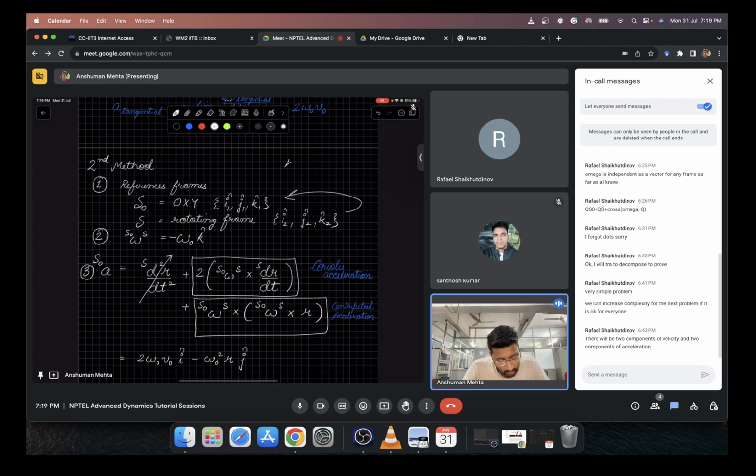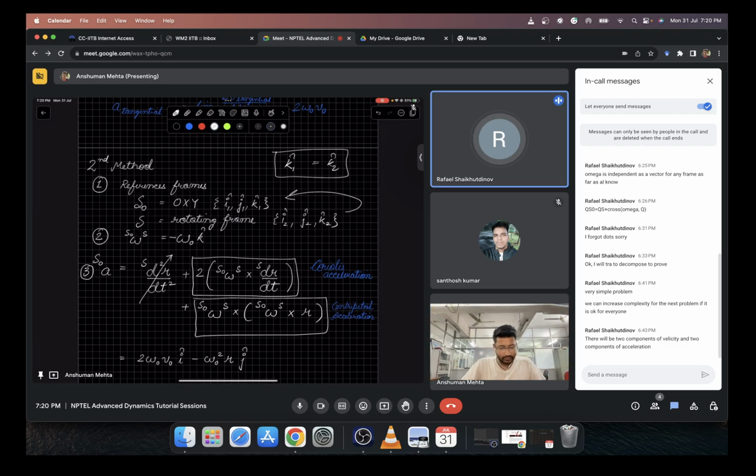First of all, K1 is equal to K2, as everything is moving but the k's are all vertically up. This is what is making the difference.